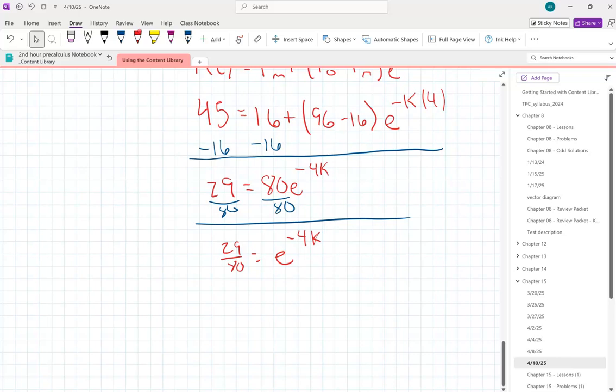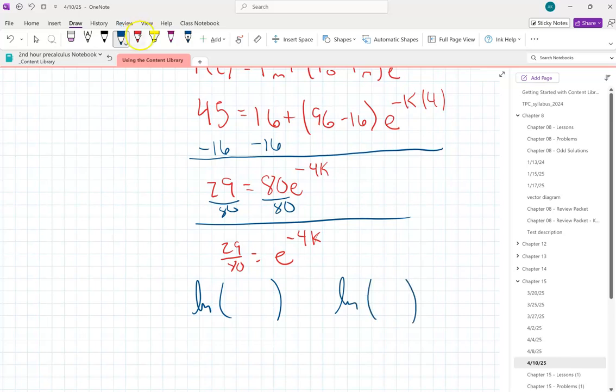How do I cancel out that exponential base of e? I need to use a logarithm, and the specific logarithm I need is the natural logarithm, which is log base e. That's correct.